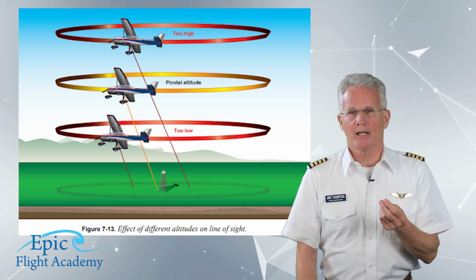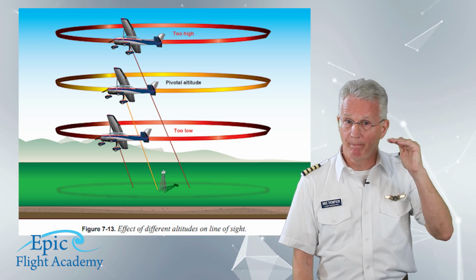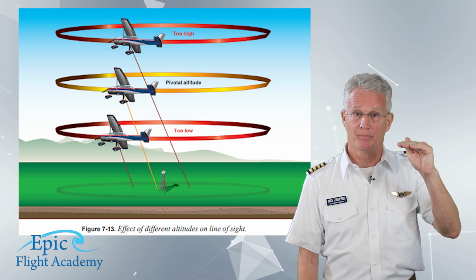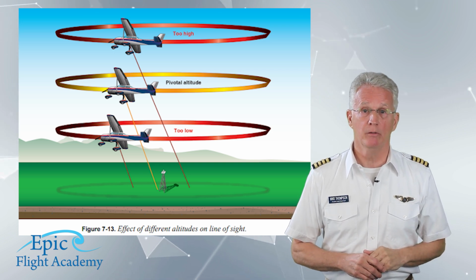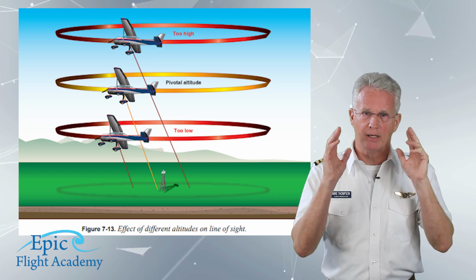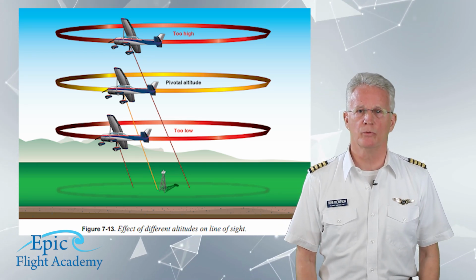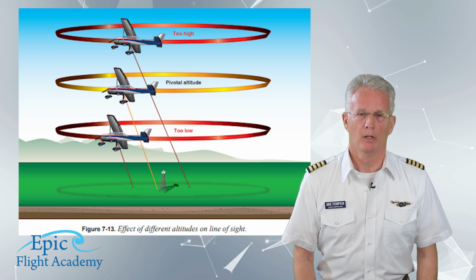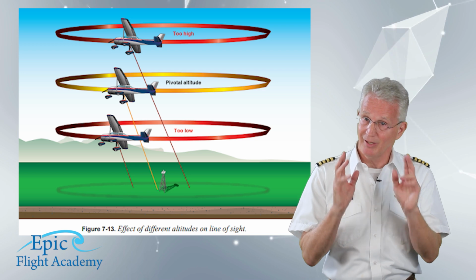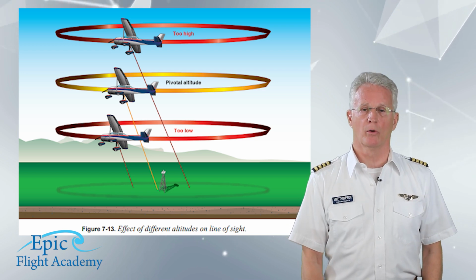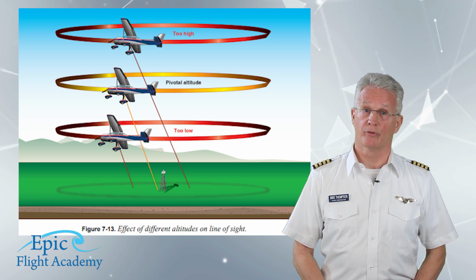Next, the pilot executes a climb to an altitude above the PA, and when the airplane is again at maneuvering speed, the pilot can see our PRL has moved to the rearward of the pylon. In other words, the pylon appears to have moved forward. Again, see figure 7-13.